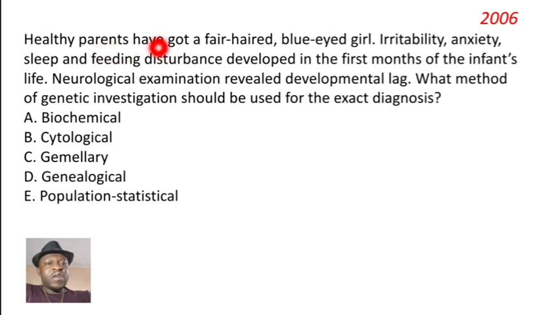Healthy parents have got a fair-haired, blue-eyed girl. The symptoms are irritability, anxiety, sleep and feeding disturbances. These symptoms developed in the first month of the infant's life. Neurological examination revealed developmental lag.